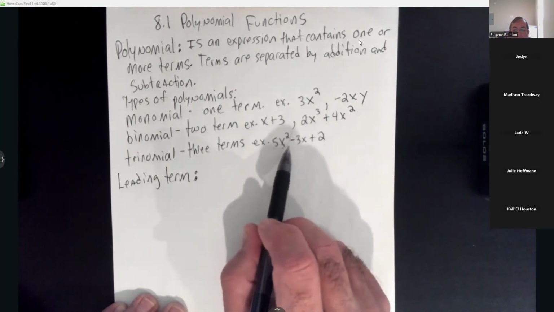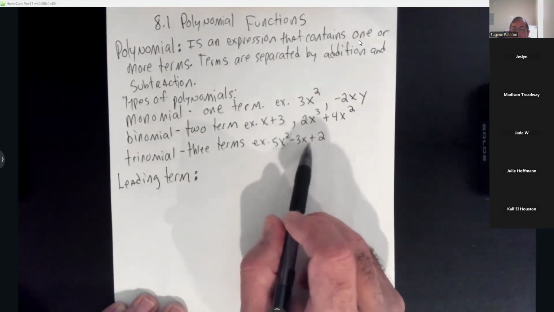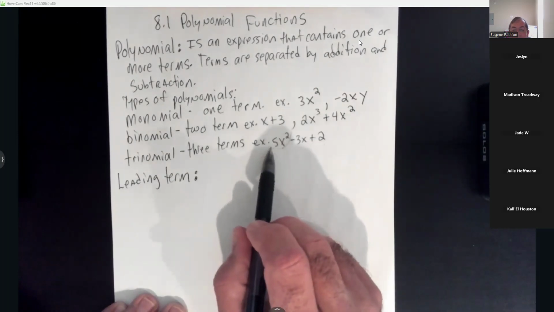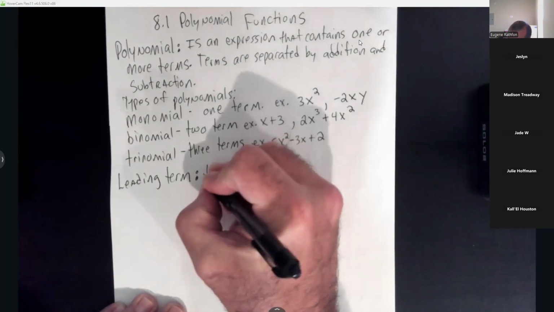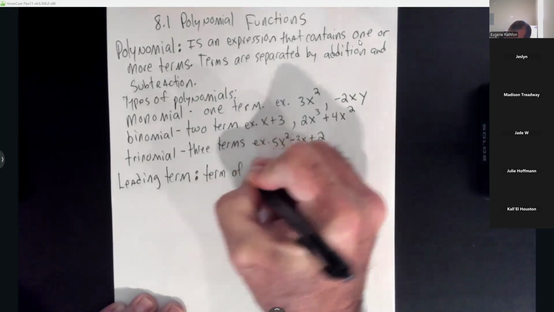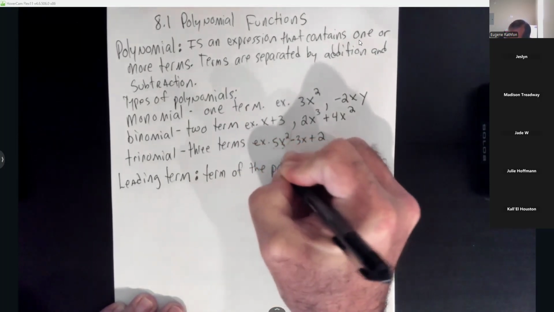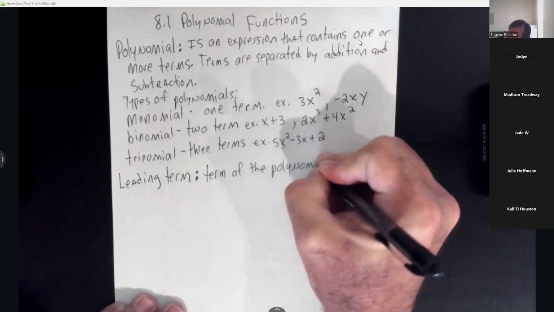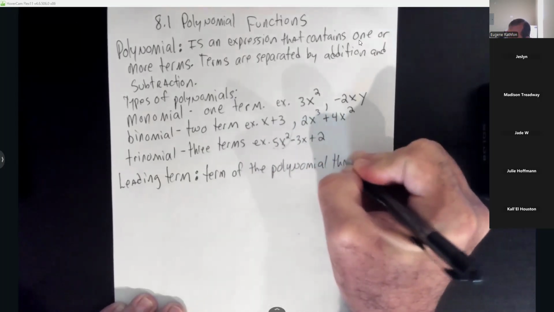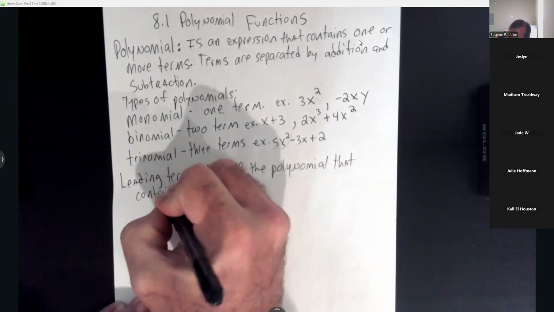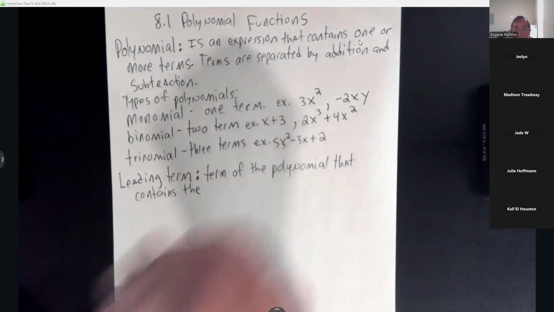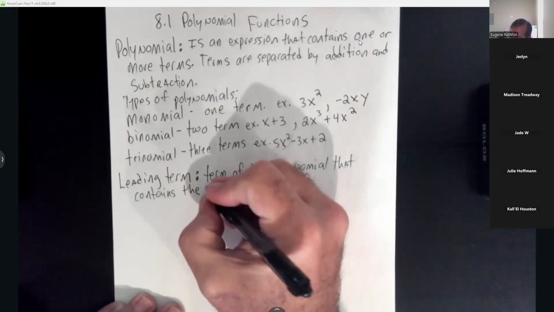So like on this one I'm looking at 5x squared minus 3x plus 2. The leading term would be the 5x squared, okay? So it's the term of the polynomial that contains the highest exponent.